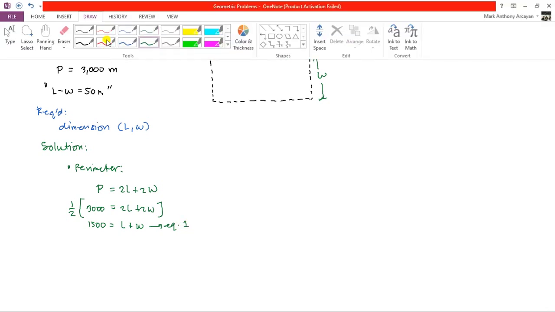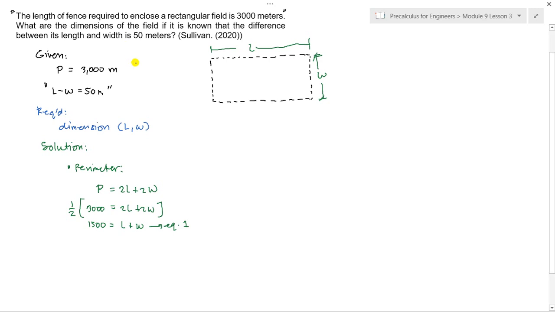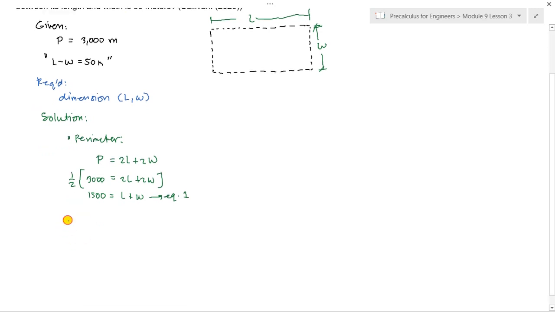Next, since we have two unknowns, so at least we require another equation para ma-solve na nato ang atong unknowns. So, since we have a second conditional statement nga given, kaning the difference daw of the dimensions is 50 meters, so we can say that L minus W is equals to 50 meters. That is our equation 2.